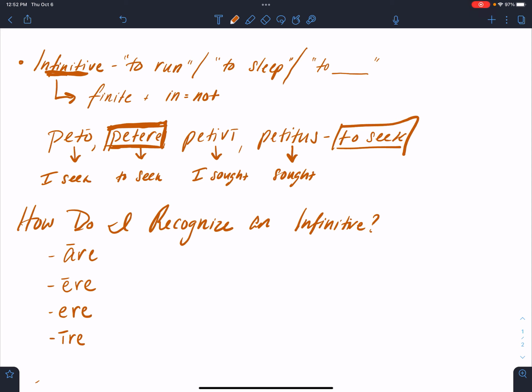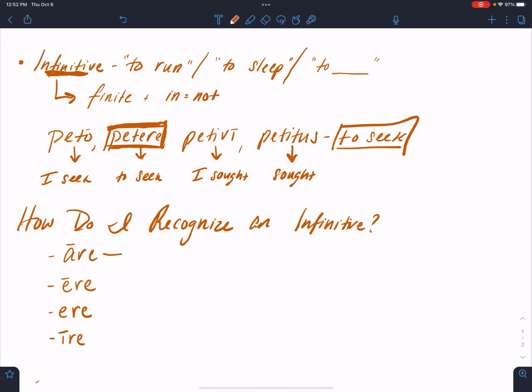Yeah, the fourth principal part, it's useful. It helps us with those verb-like things that Tim mentioned before, like participles. So they look like verbs, but they act like nouns. They're kind of weird, adjectives rather. But that is a good pickup. Pattern recognition is important.